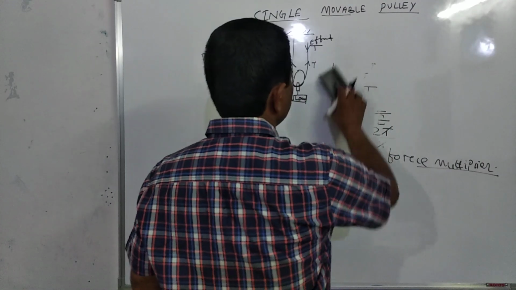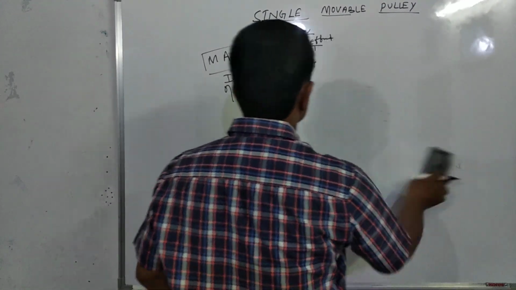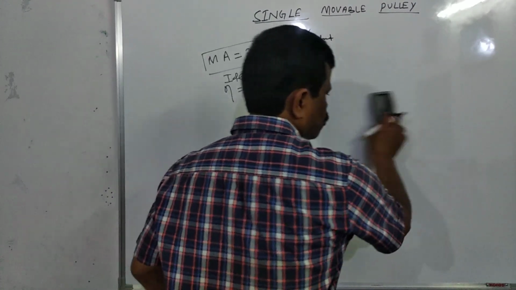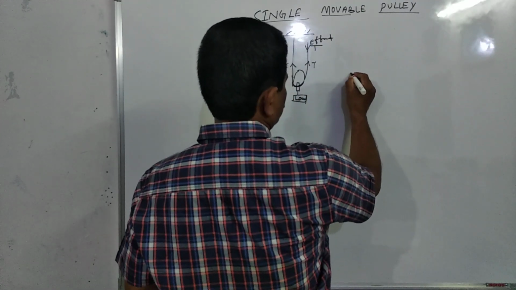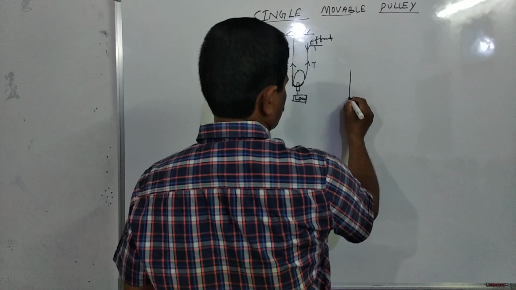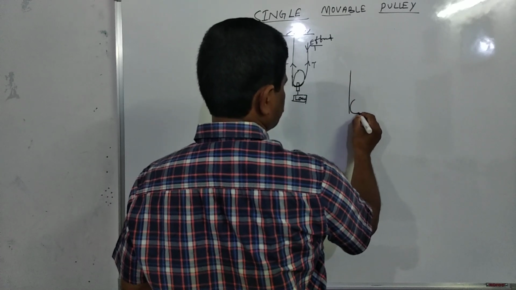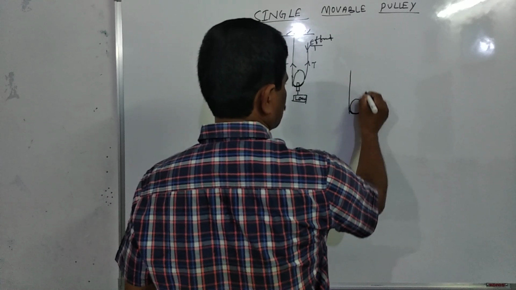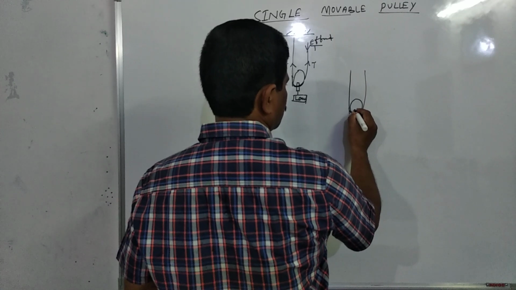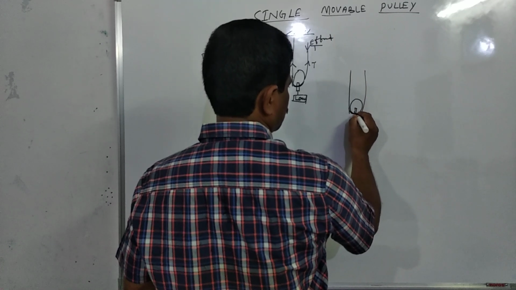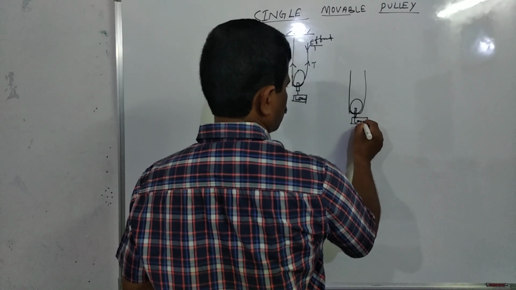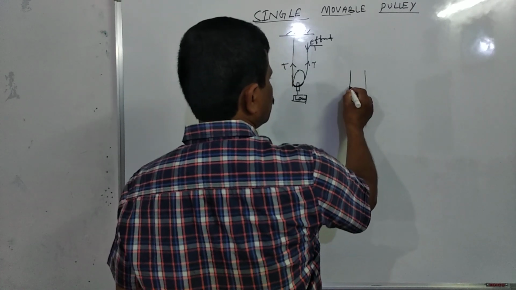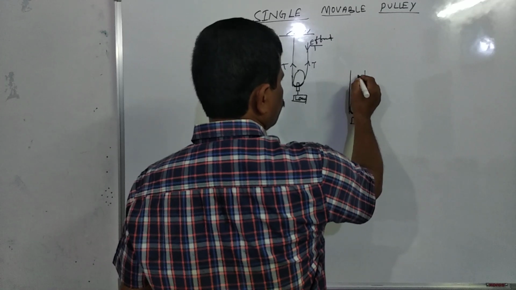So how will we calculate velocity ratio? Suppose this is the pulley, and here is your load. Suppose you raise the load.